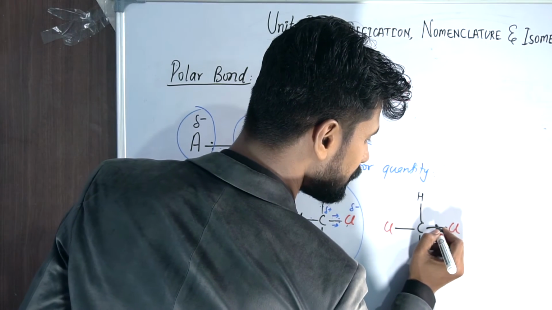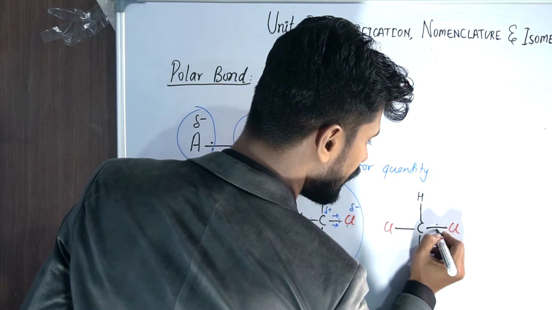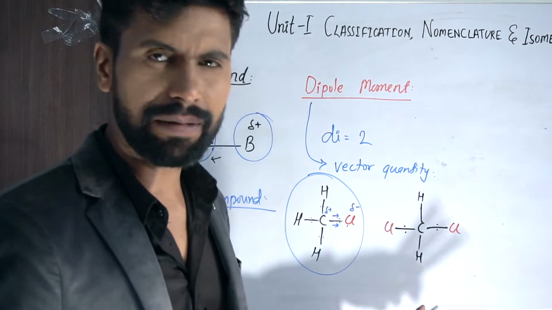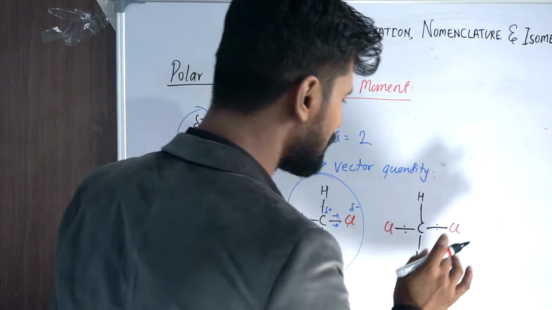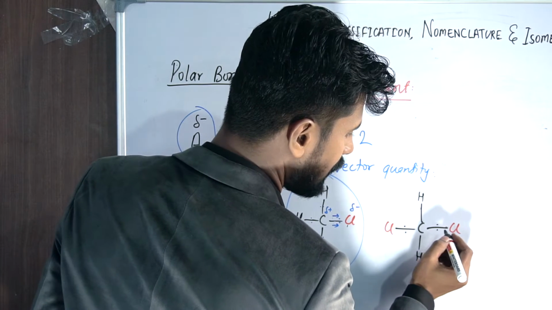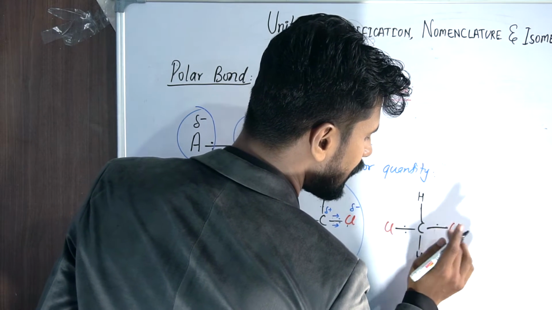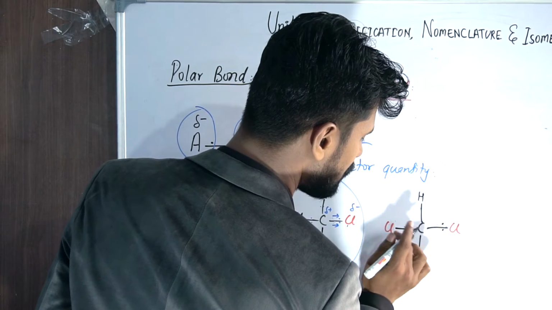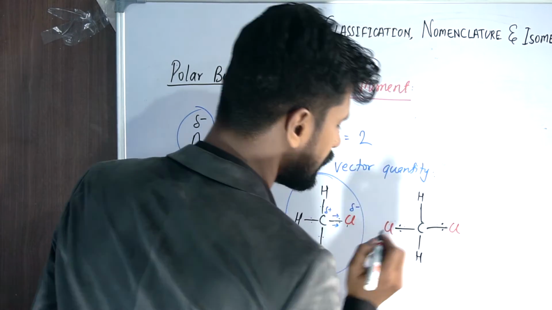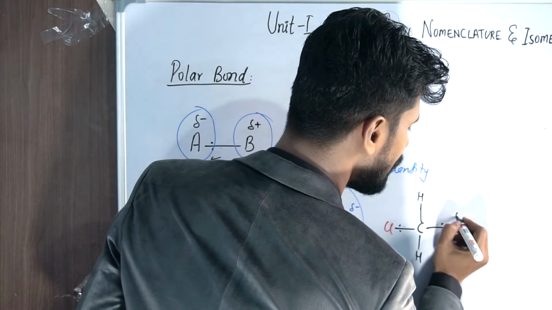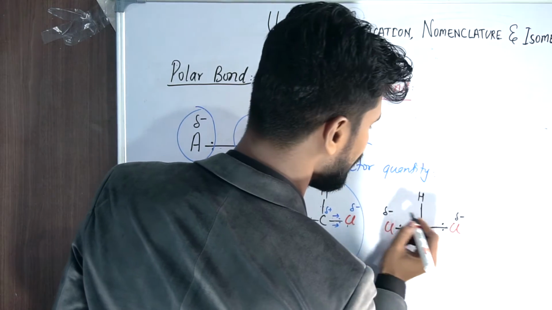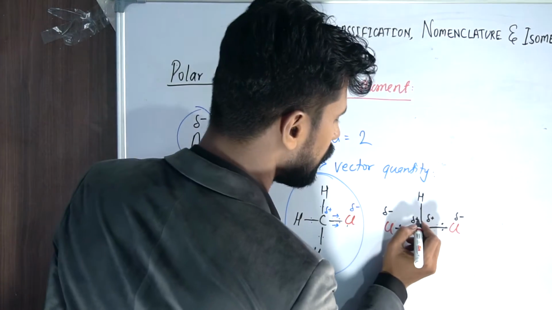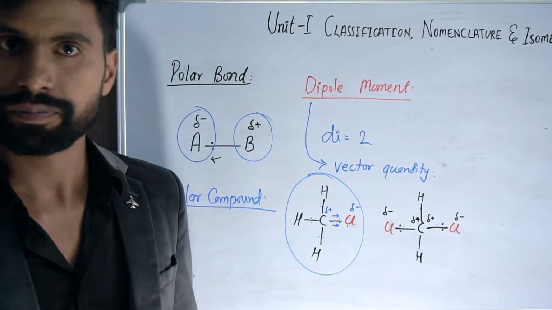So this is a bonding electron, here is also a bonding electron. We will not discuss carbon and hydrogen because it is clear that they have the same electronegativity. Now this chlorine will pull the electron towards itself, and the same thing is happening with this chlorine also, and here it will develop delta negative, here delta negative, and delta positive, delta positive. Okay, two delta positives on carbon.